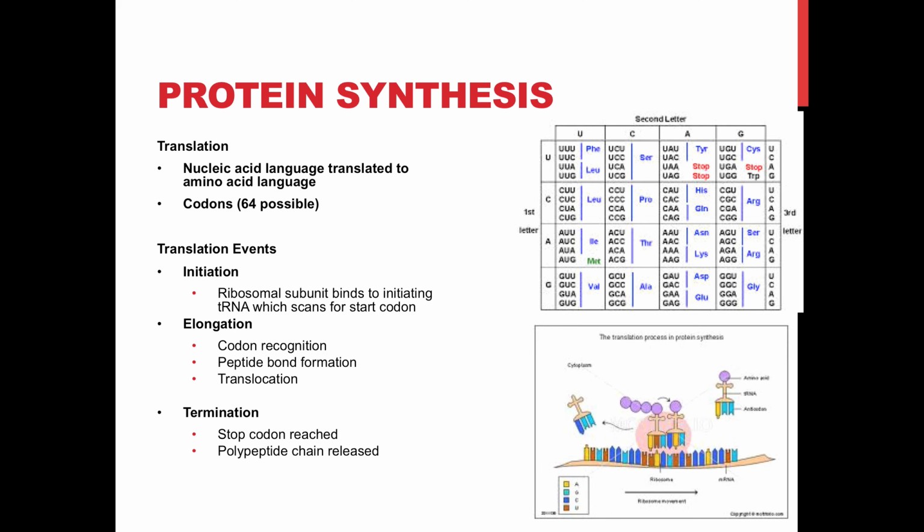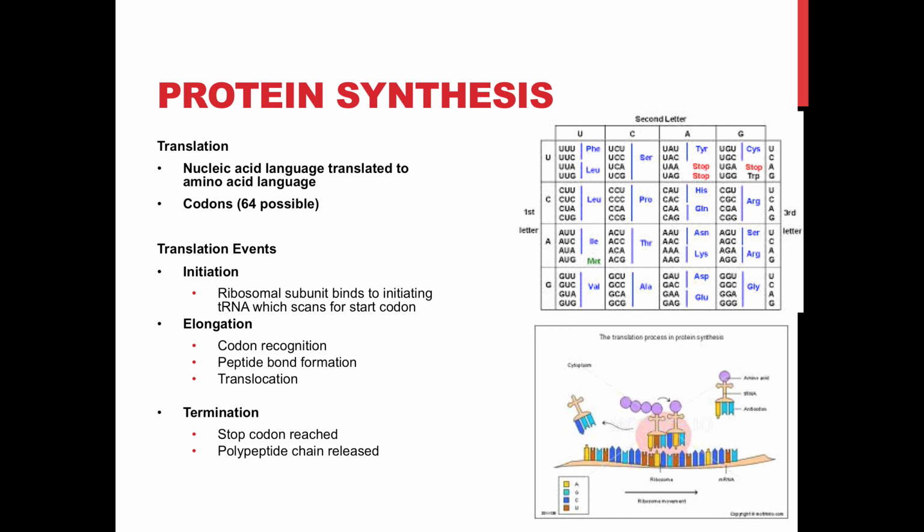Okay, so say we have a UUU codon. There's a tRNA with a TTT anticodon that is going to bind to that codon. So a TTT will bind to a UUU codon.